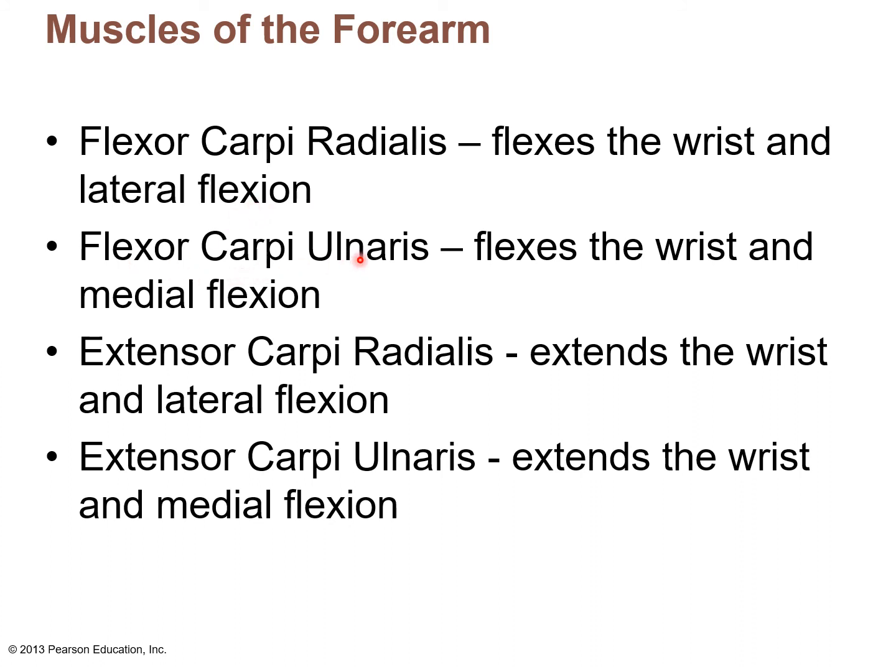Flexor carpi ulnaris, it's on the medial side, so it flexes the wrist and causes medial flexion. The extensor carpi radialis on the back of the arm, on the lateral side, extends the wrist and lateral flexion, and then extensor carpi ulnaris, on the medial side of the back of the forearm, extends the wrist and medial flexion.